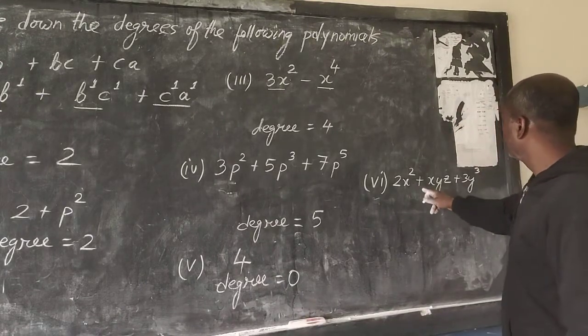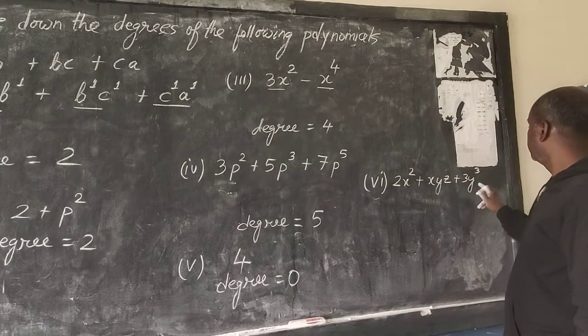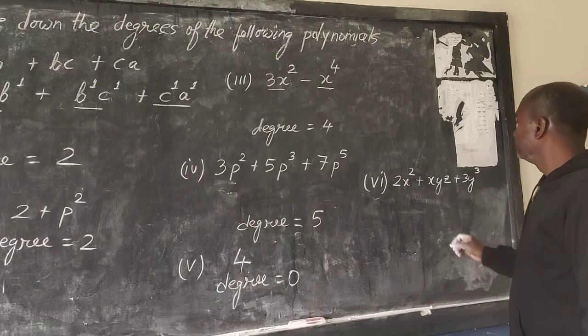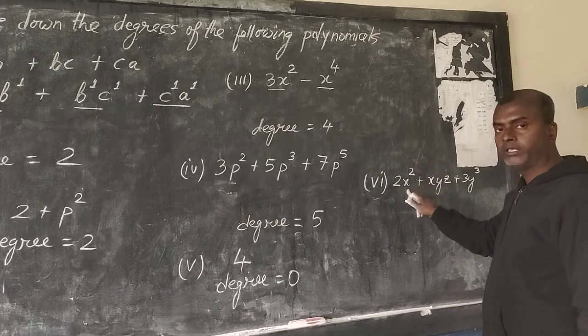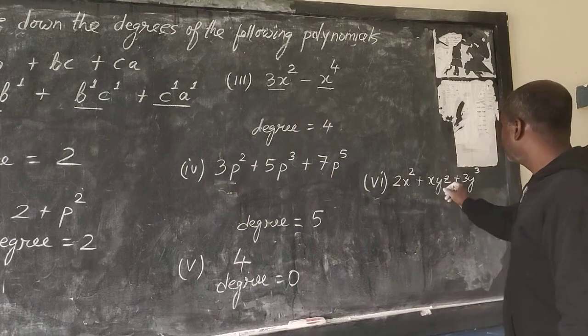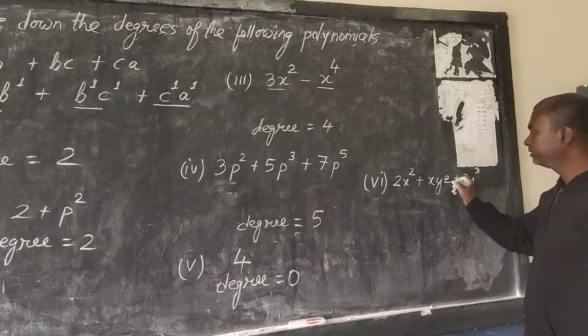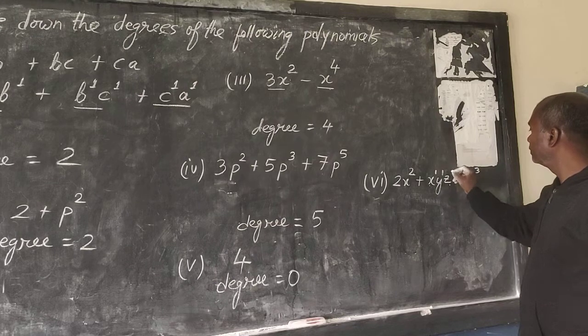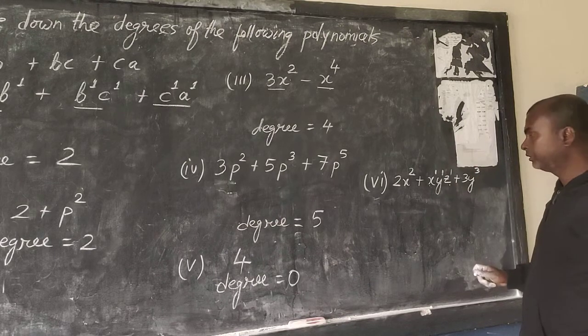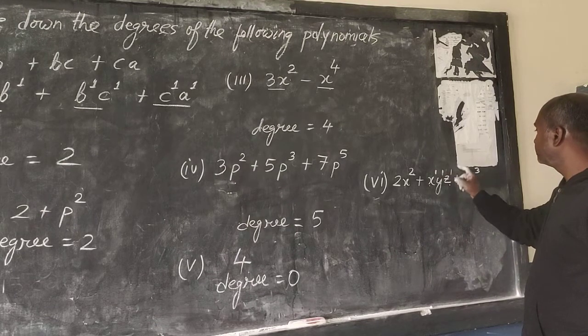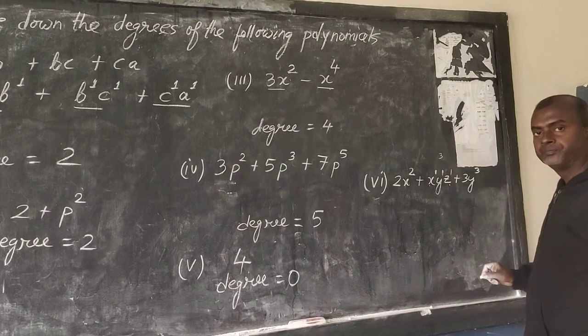2x square plus xyz plus 3y to the power of 3. Okay, now for this one, the x power is 2. There is only one variable in the first term. In the second term, there are 3 variables. So x power is 1, y power is 1, z power is also 1. So together 1 plus 1 plus 1 is how much? 3.